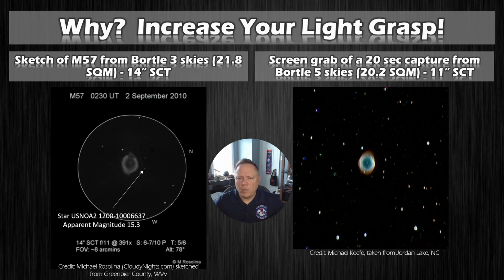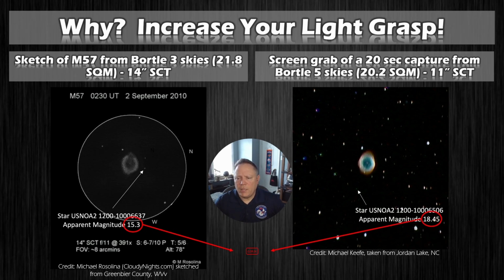Now, when I take a look at the sketch, the dimmest object the observer was able to see was this star with a magnitude of 15.3. Now, when I look at the image I took, the dimmest star that I can see in this image is this star at 18.45.